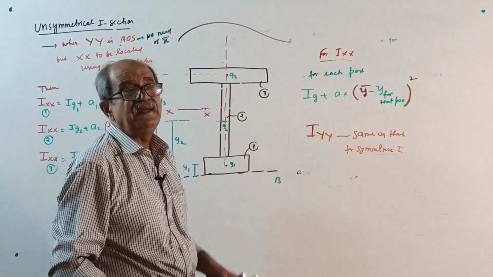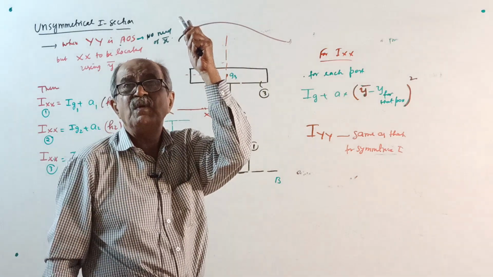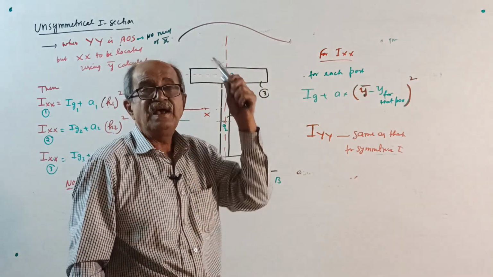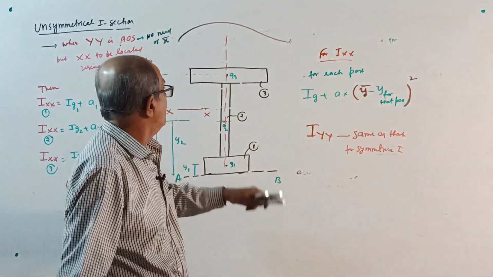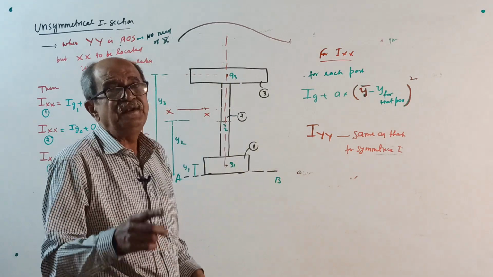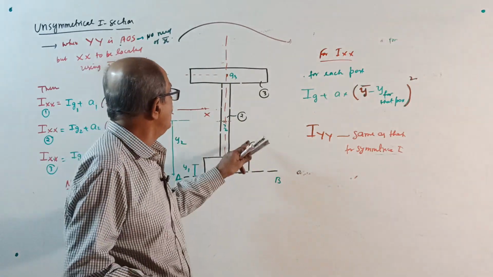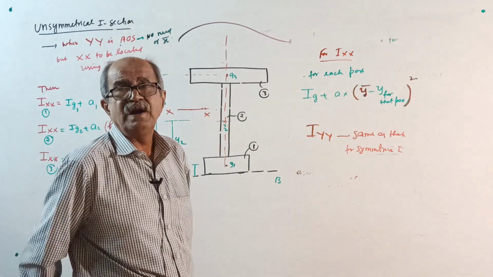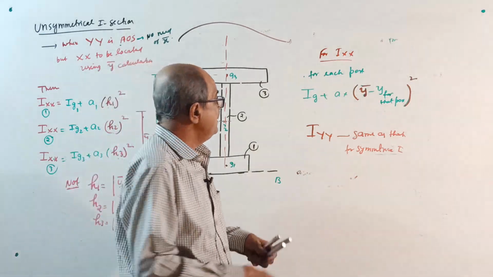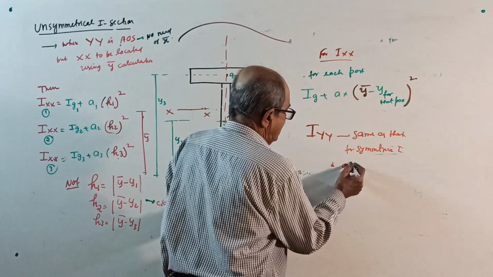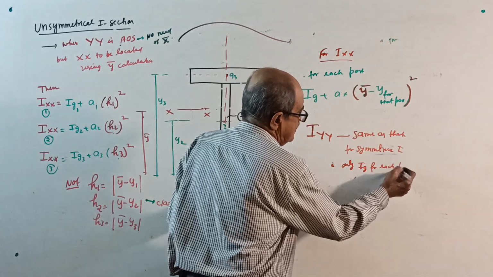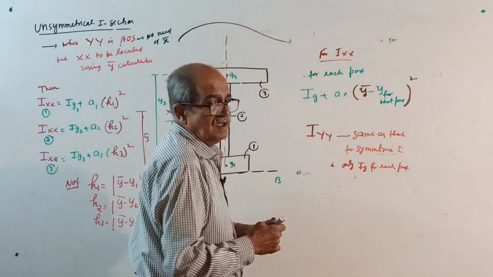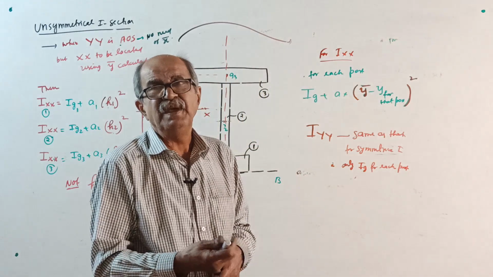Last time, symmetrical I section, symmetry about YY and XX both. There, for XX, the shortcut was outer BD cube minus empty BD cube. Here, for XX, a little work is there. But for YY, same as that one. Only Ig for each part. That's all. Furthermore, I won't explain.